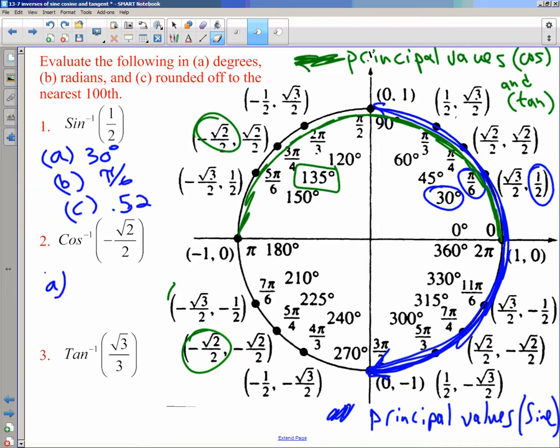135, and that is the same as 3 pi over 4.